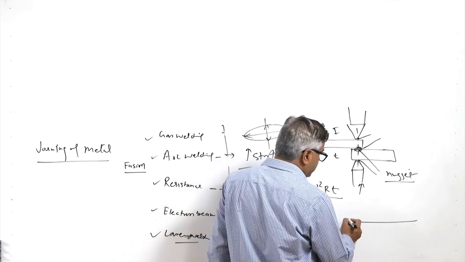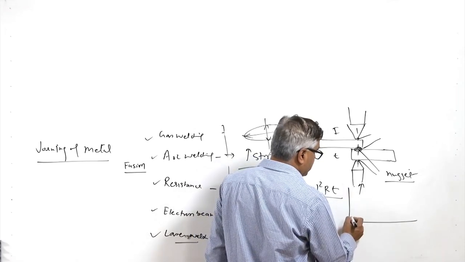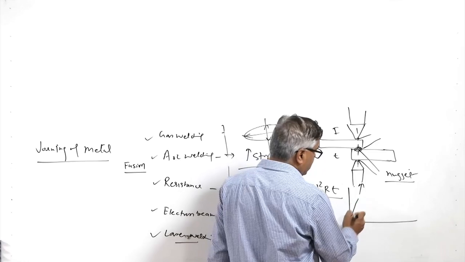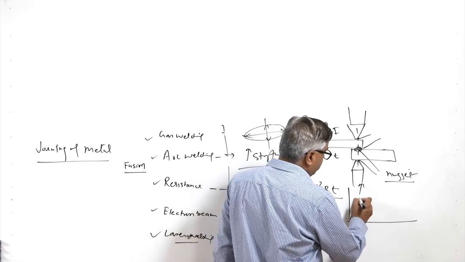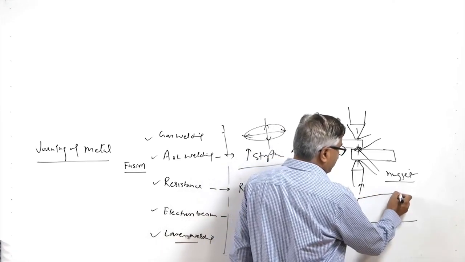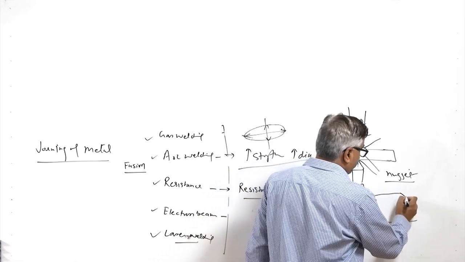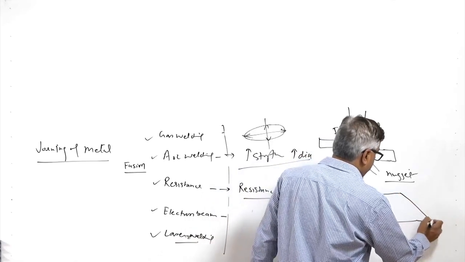The typical cycle used is like this: pressure is increased gradually so that the plates come in firm contact, the pressure is held constant, and thereafter the pressure is released gradually after the welding.